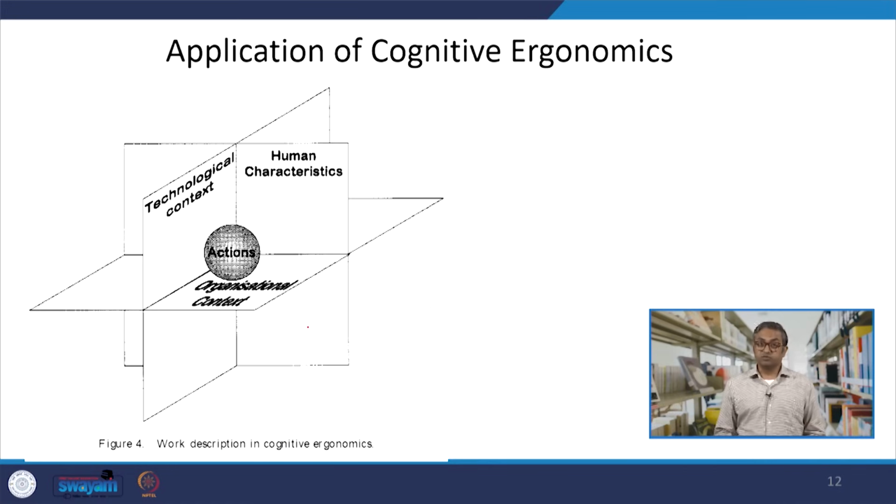It could be a classroom, it could be an office, it could be a nuclear lab, it could be a biosciences and bioengineering lab, it could be the cockpit of a plane. And when all three things come together, it leads towards human action. So this is how cognitive ergonomics is interacting.